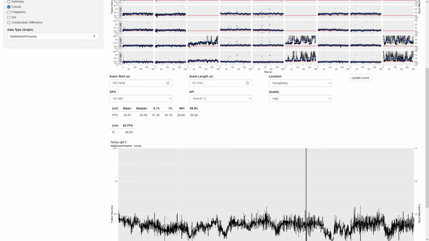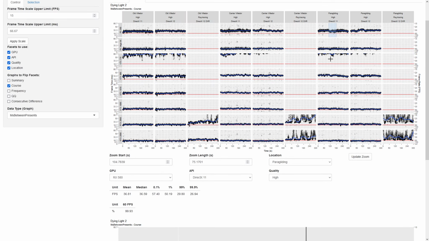So this dip down, you see that in the others as well. It's like here, here, here, here. So that does tell you that there was a change in the location that was enough to impact the actual averages. It's not an outlier. It was just, we're suddenly outside, so it's rendering better or worse. This graph does tell you that the others don't.